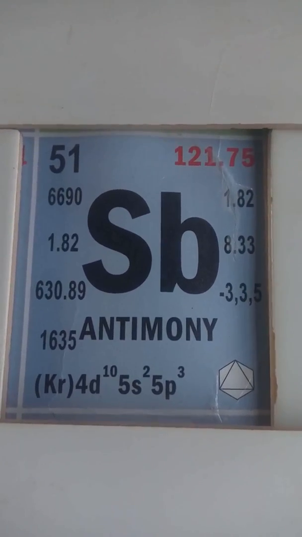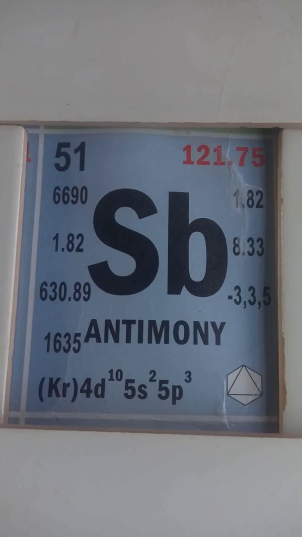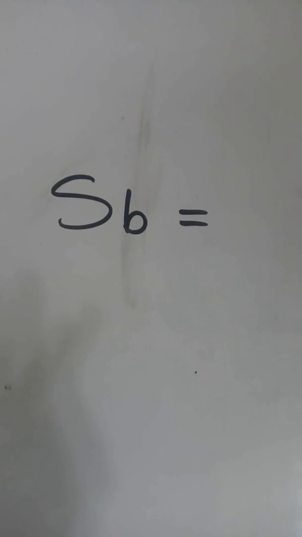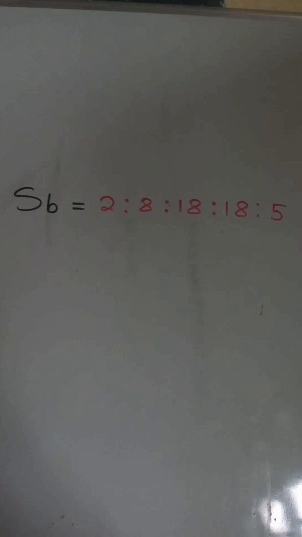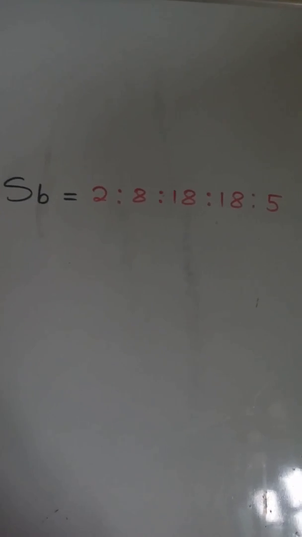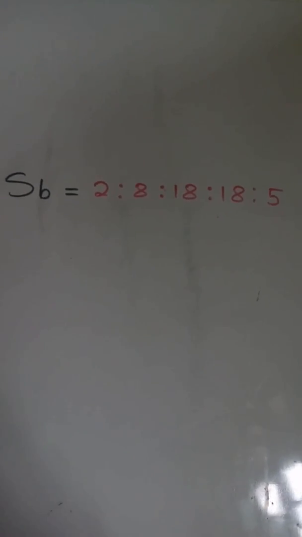Antimony has 51 electrons. The electronic configuration of antimony is 2, 8, 18, 18, 5.